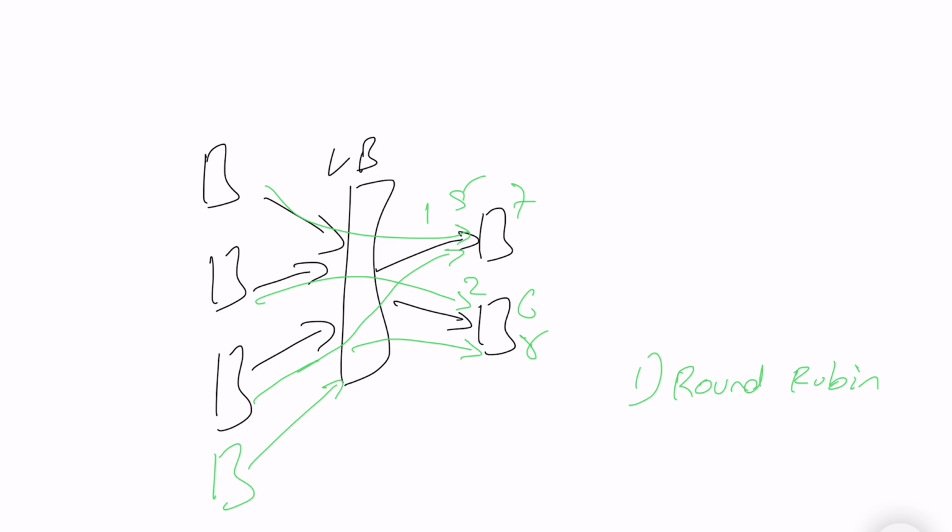Okay, second is least connections. In many cases it can happen that the connection which has gone to the first server is taking some time to process. Maybe the user is not that fast.